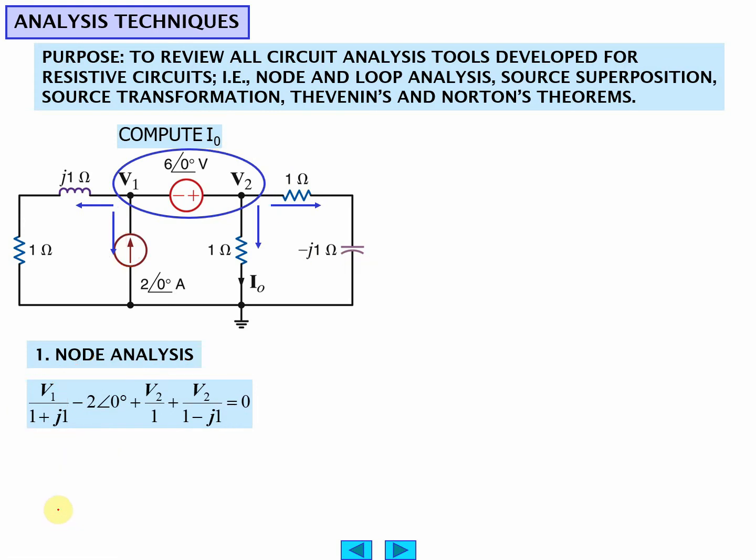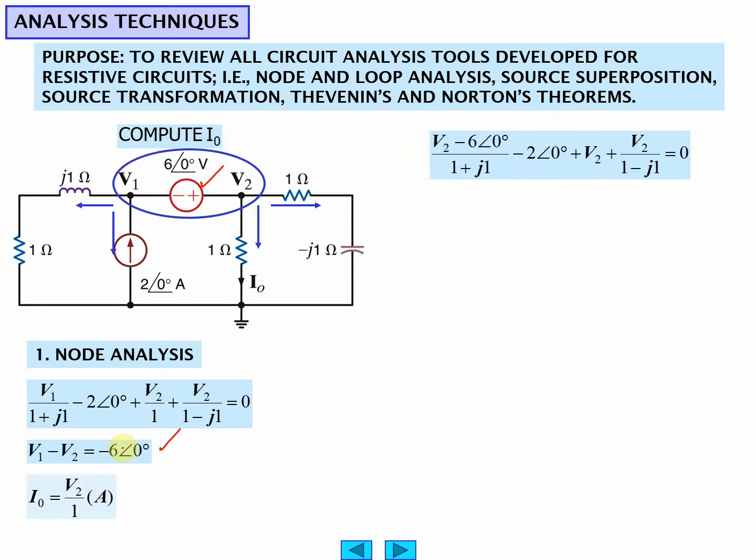It's identical to what you've done before, what you did for DC analysis. We have a constraint of what the difference in voltage is. I naught, of course I mentioned that. Now, we take that constraint and plug it in to this equation right here.